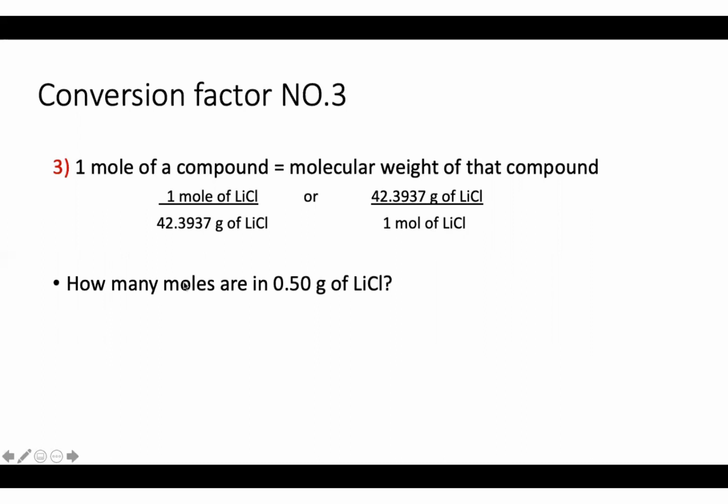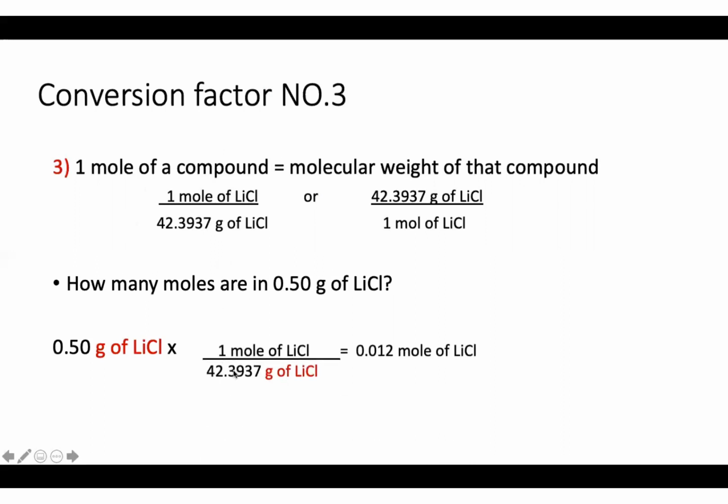Now let's answer a question. How many moles are in 0.50 gram of lithium chloride? We always start with a given number, which is part of the unit conversion method. Then we see which of these I should use. I should use the one that has gram in the denominator, so I'm going to use the left one.